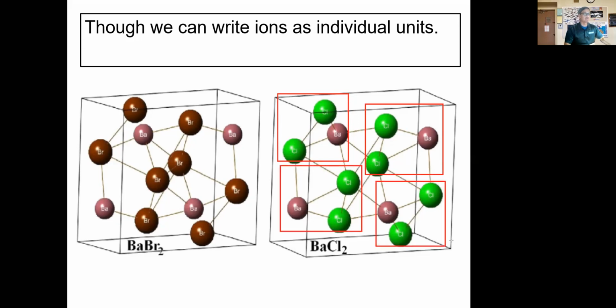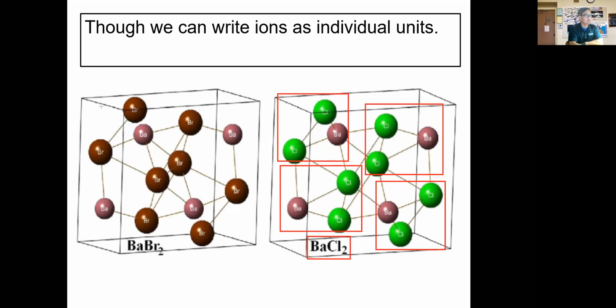Those are what we refer to as the formula unit for barium chloride. So these repeating units we can write out as their formula, the unit that is always being repeated. In every single part here, we see barium attached to two chlorines.